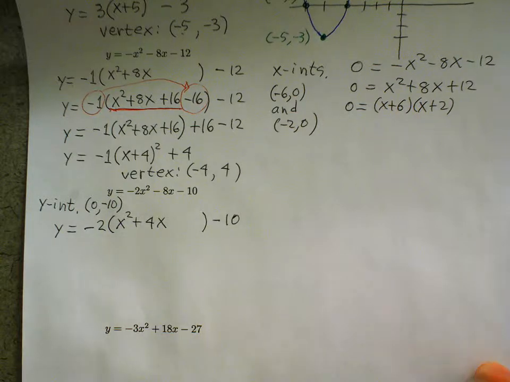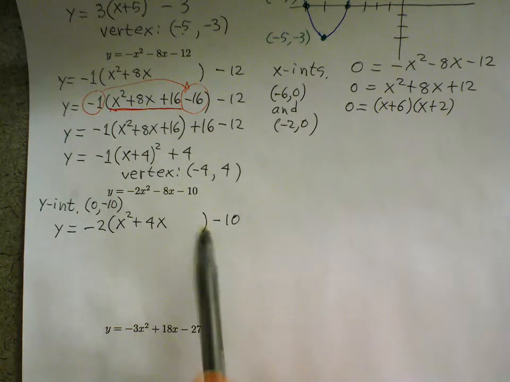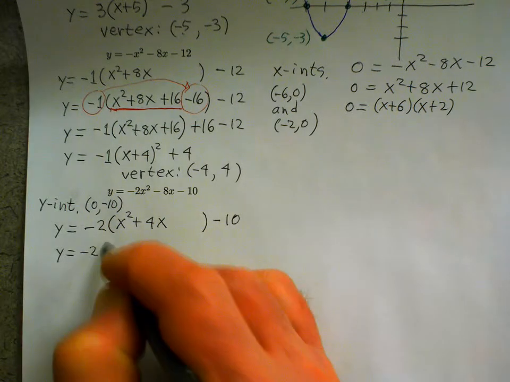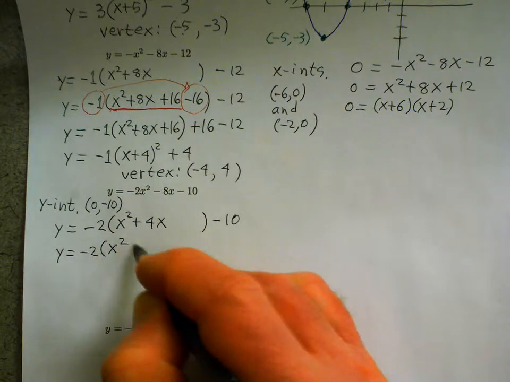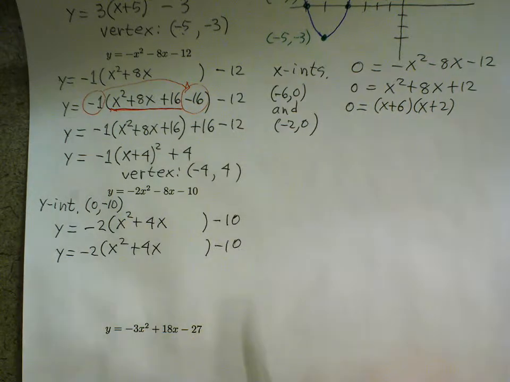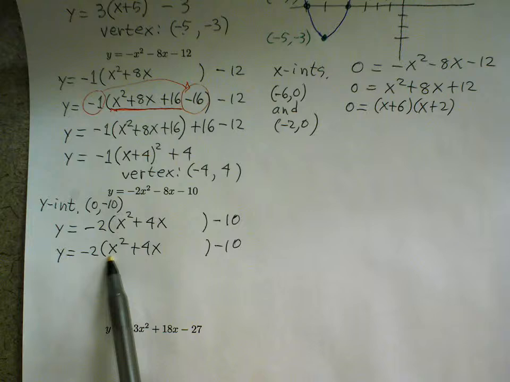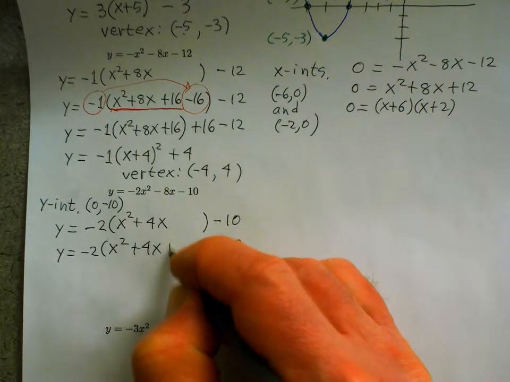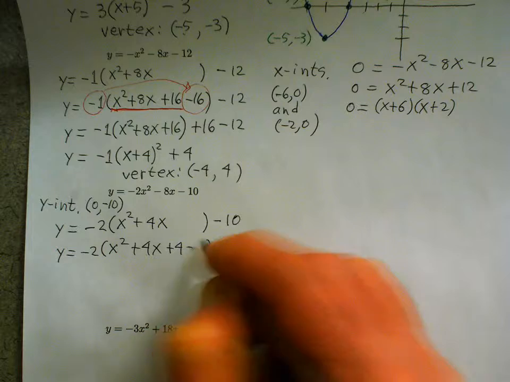In the next step, we add 0 inside the parentheses. So now we're focusing on x squared plus 4x. For x squared plus 4x, we take 1/2 of 4 and square it. 1/2 of 4 is 2. 2 squared is 4, so we write plus 4 minus 4.